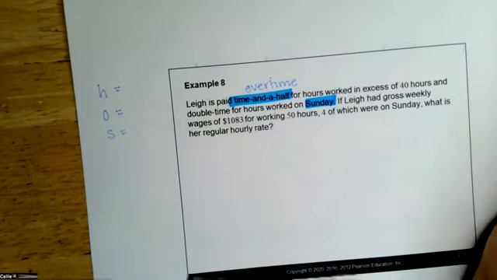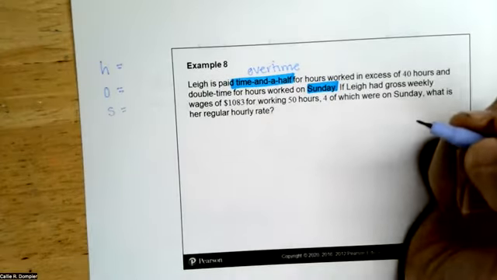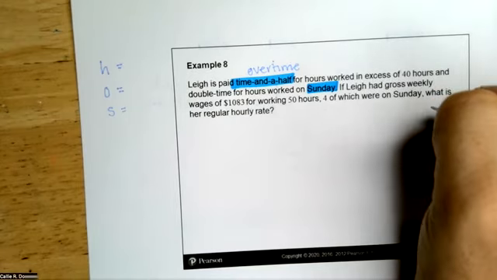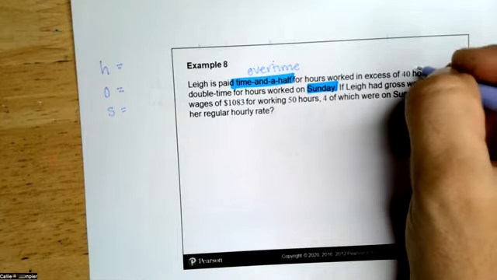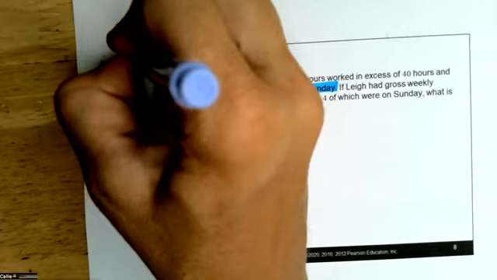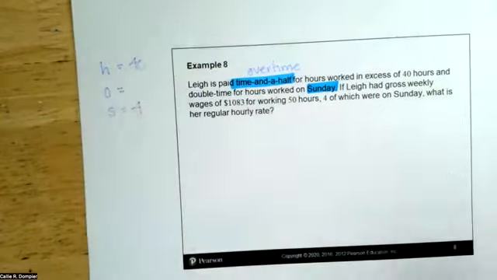Good. So we know that she has 50 hours, right? 4 were on a Sunday, and she only gets 40 for her regular hours. So her regular hours were 40. Her Sunday hours were 4.